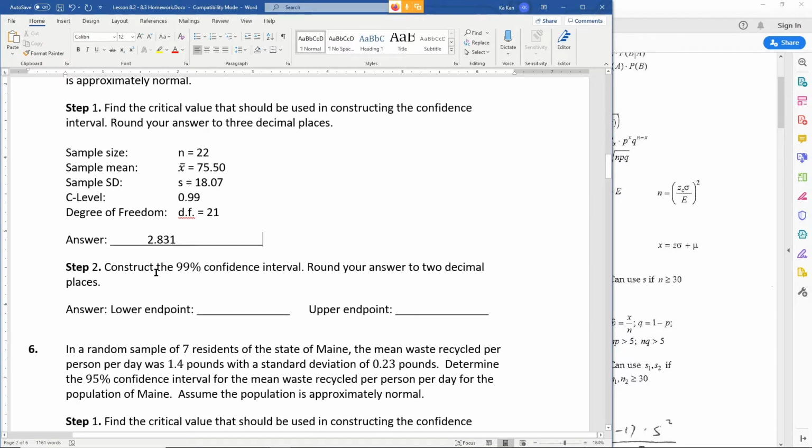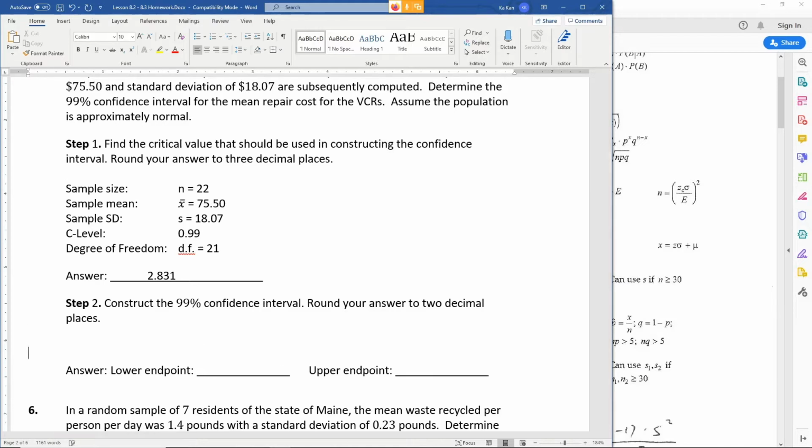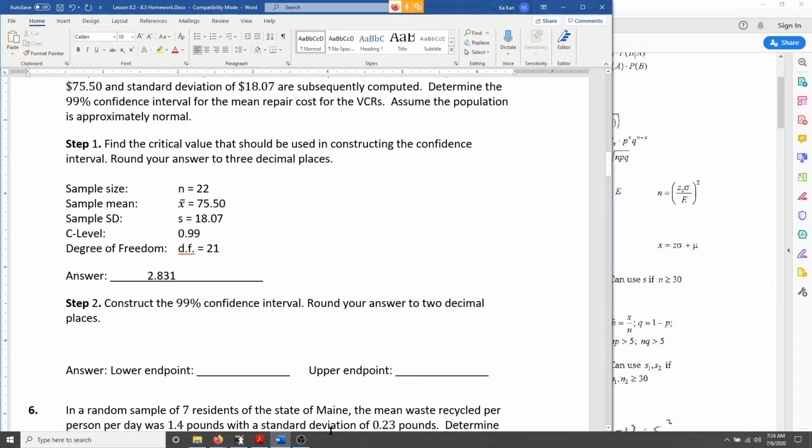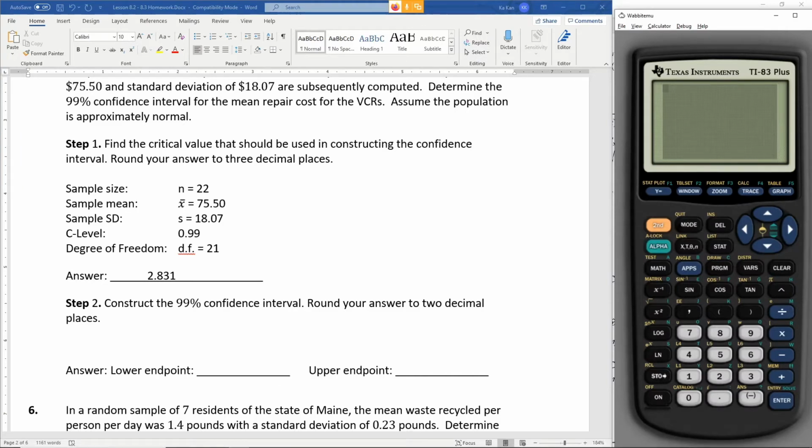Now, by the way, if you're looking for the minimum sample size and all that, that will be the number you use. But now, construct a 99% confidence interval. And as I mentioned, we're going to use the calculator, and that's going to make it a lot easier. So how do we do it? Stat, Tests, and you go to TInterval, which is number 8.